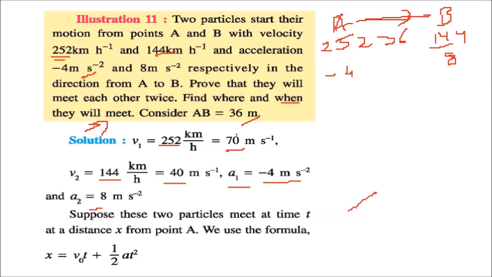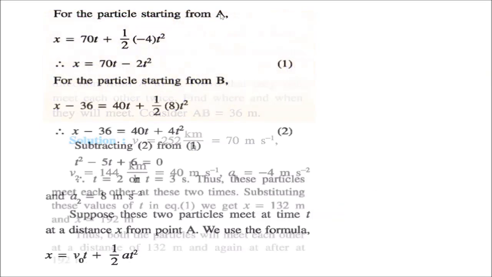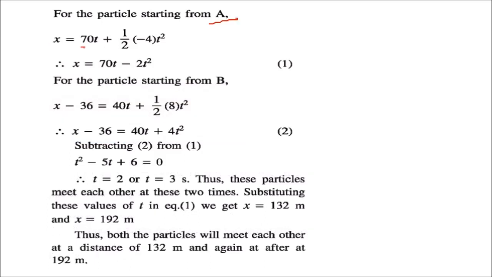Now we'll use the formula x equal to v0 t plus half a t square. For the first particle, the speed we found is 70, half into acceleration, t square. This is the first equation. Now with the same equation we use the second one, but in this case the distance is 36.